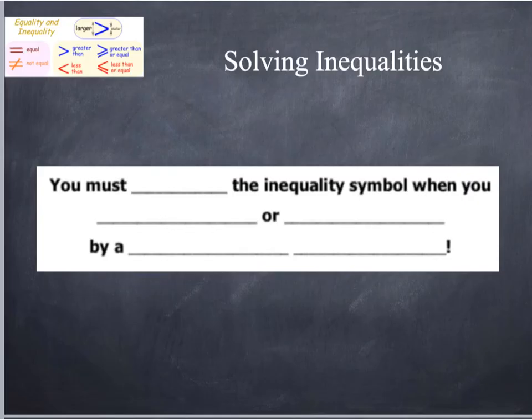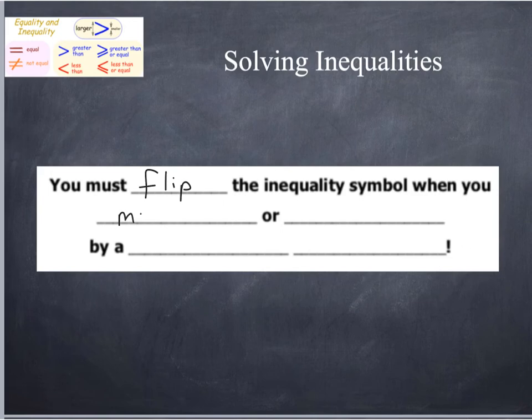Now we do have some special cases that make this a little bit more confusing than equations, and I'm going to explain why this is true tomorrow in class. But the only difference, you do all the same steps as you would with an equation when you're solving this. However, if you have to divide or multiply both sides of an inequality by a negative number, then you must flip the inequality symbol.